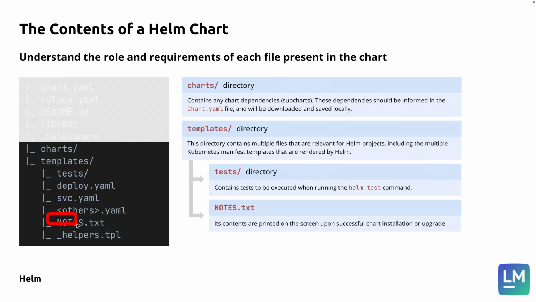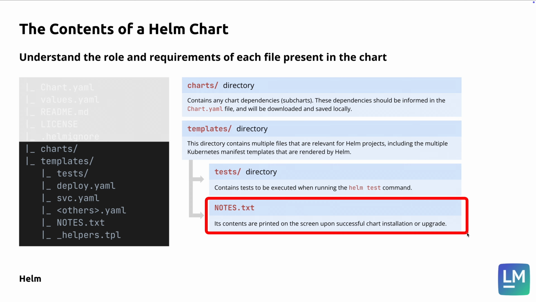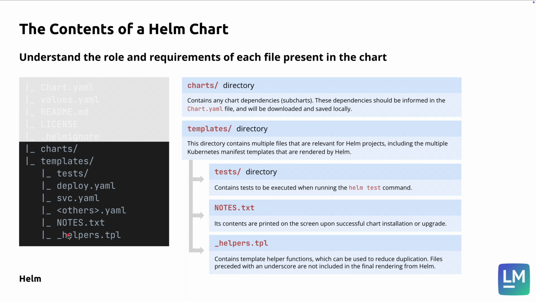We then also have the NOTES.txt file. Basically, the contents of this file are printed on the screen upon successful chart installation or upgrade. If you remember from previous lectures, whenever we installed the WordPress chart, we got some notes on the screen. It was just printing the contents of this file. You will also normally find a _helpers.tpl file, or multiple .tpl files preceded with an underscore, and they contain template helper functions which can be used to reduce duplication.